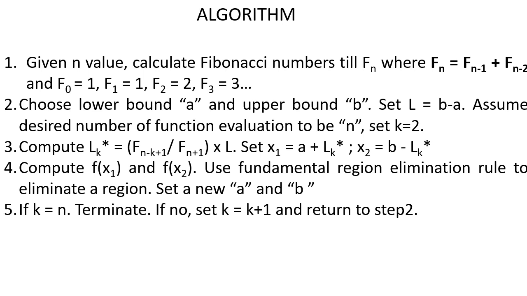We continue these iterations until k is equal to n, and if k is equal to n, we terminate, and if not, we set k is equal to k plus 1 and repeat the iterations from step 2.